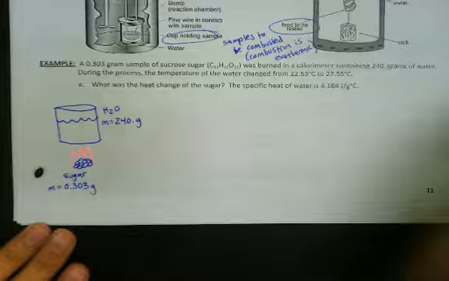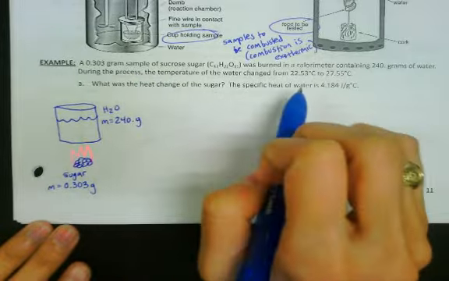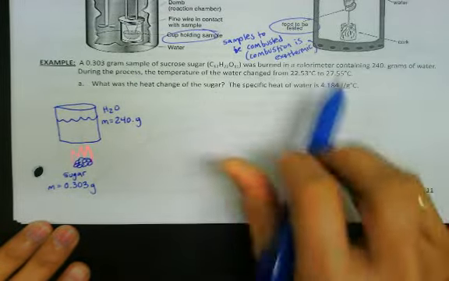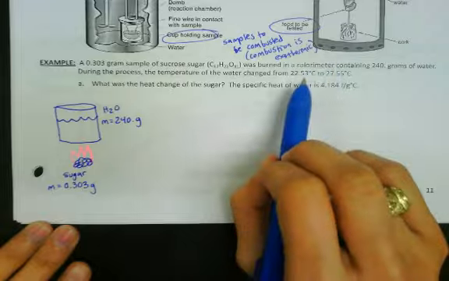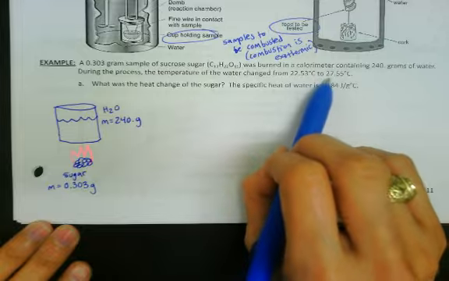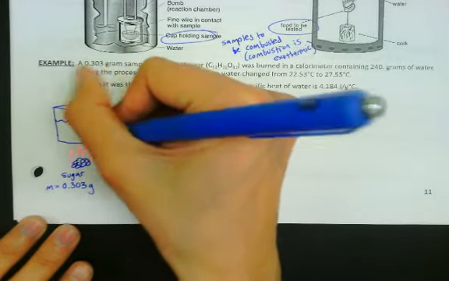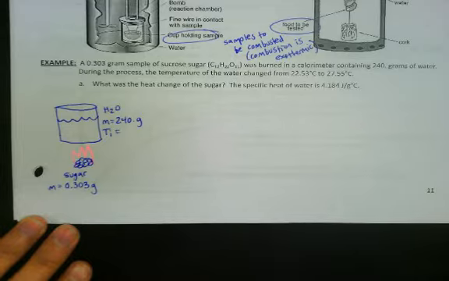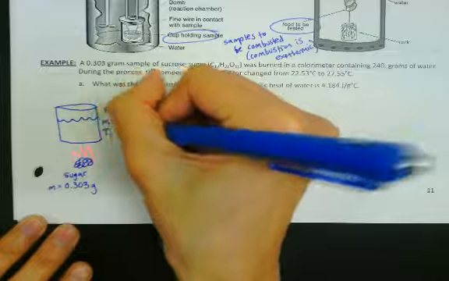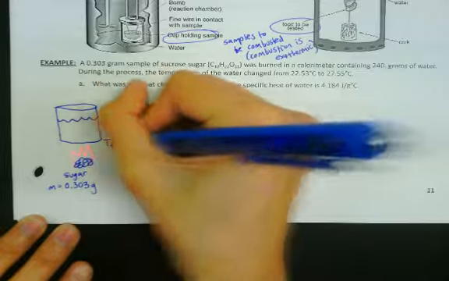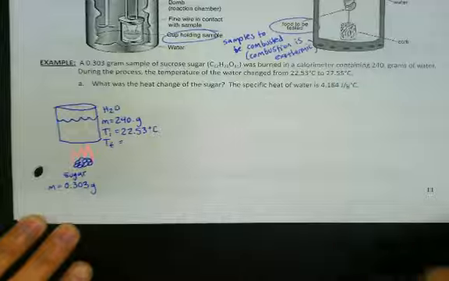We're also told the initial and final temperature of the water, okay? So we're told that the water changed from 22.53 degrees Celsius to 27.55 degrees Celsius, okay? So what is the initial temperature of the water, y'all? 22.53. 22.53 degrees Celsius, leaving the other value our final temperature.